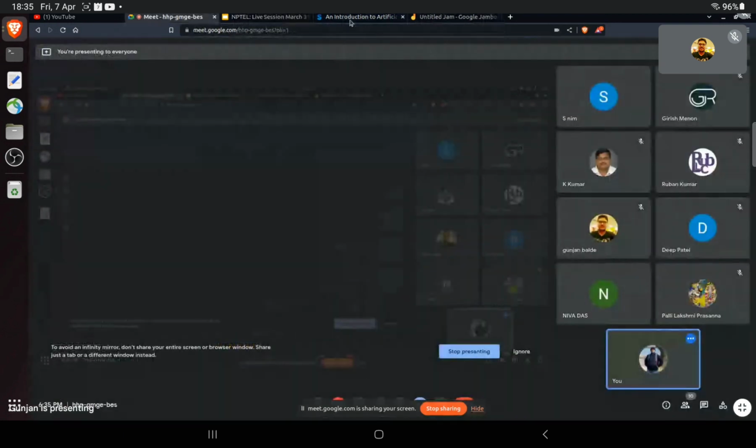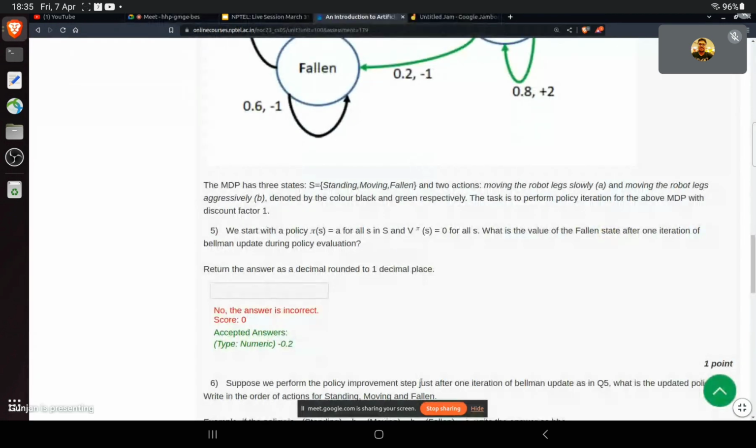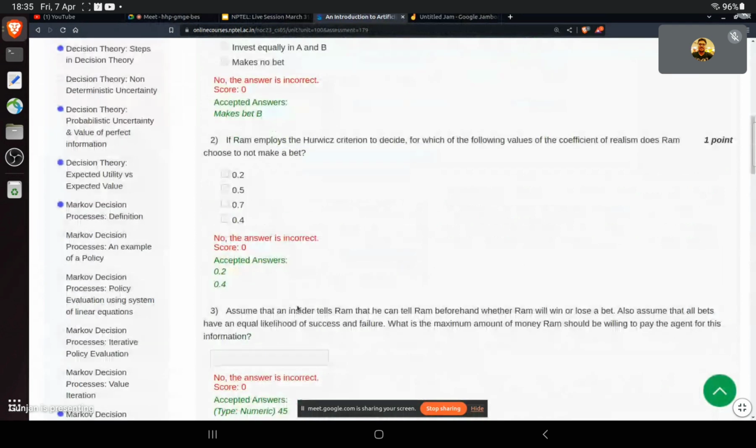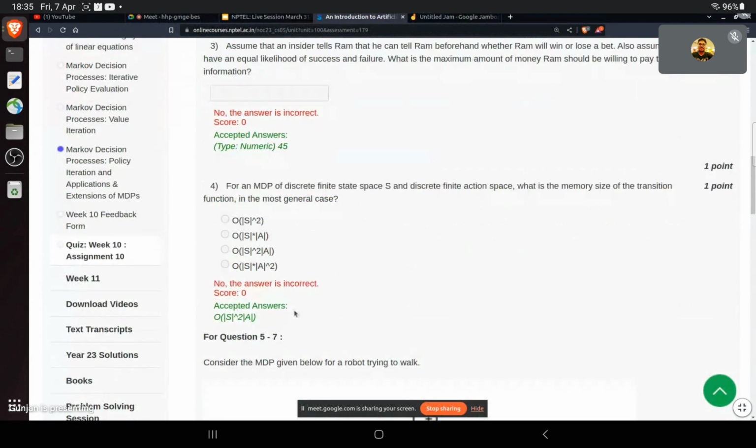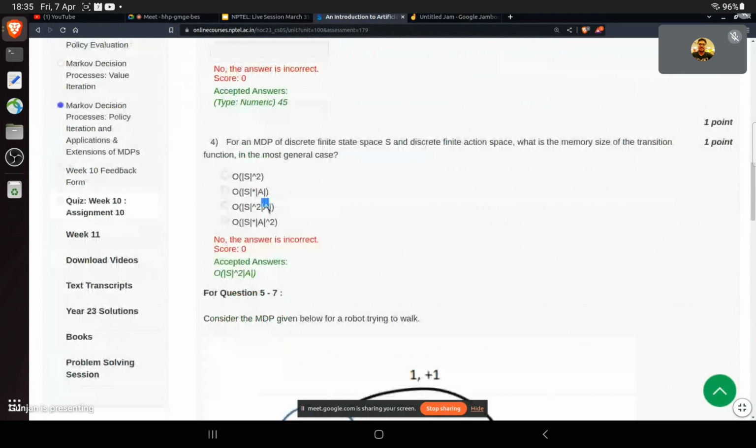I understand your concern that it should be mod of s to the power 2, bracket, times mod a. I figured out it is option number C because it's the only one that matches, but I understand why someone would be angry. Otherwise it would look like s to the power 2 times the number of actions, which is what I thought.